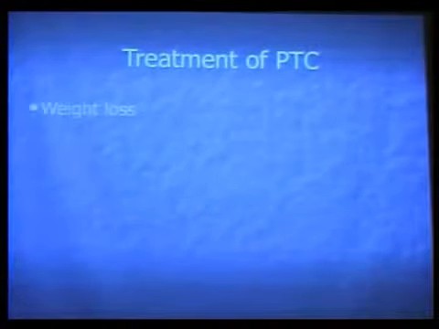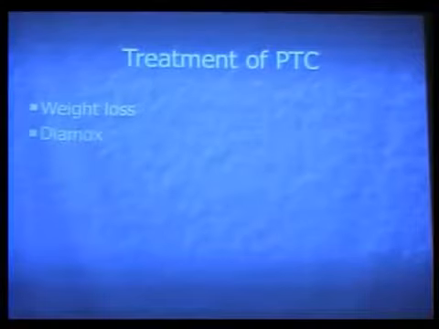So, how do you treat pseudotumor? Most of the people who have pseudotumor are overweight. And I think that if you have time, if the optic nerves are in good enough shape, weight loss is the best way to treat this disorder. And if you can get people to lose weight, you can cure this disease.